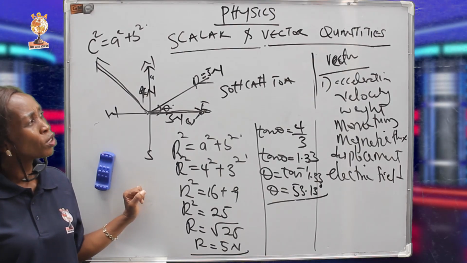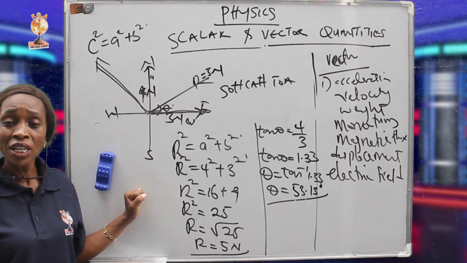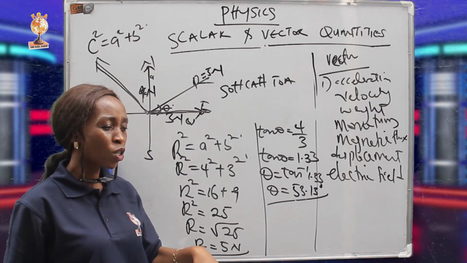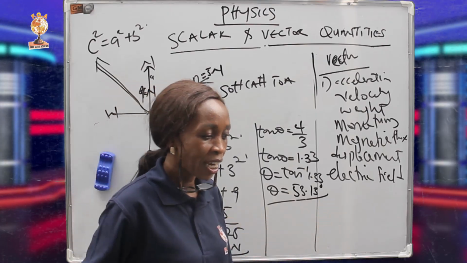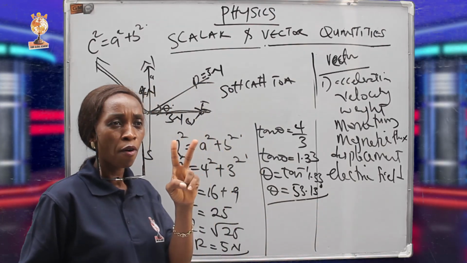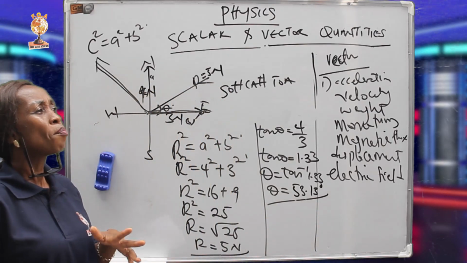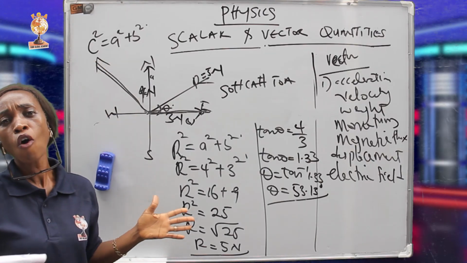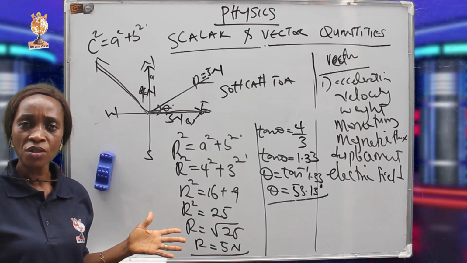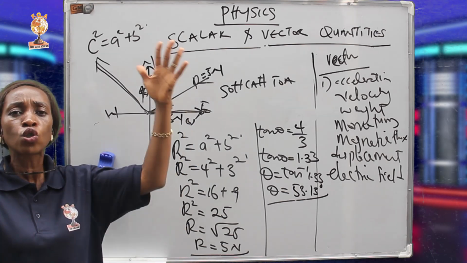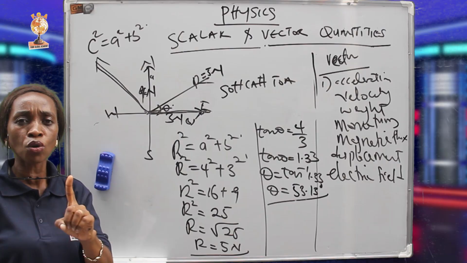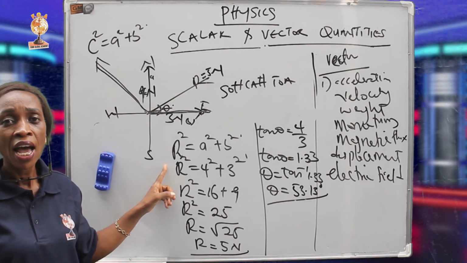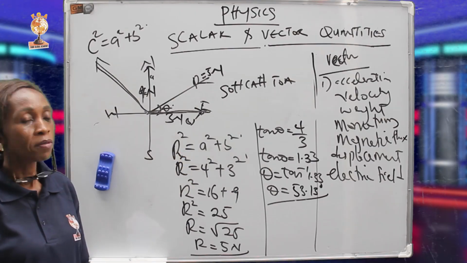But for this foundation, we won't go into that so deep until we get to resolution of vectors, when we have more than two vectors. Now we're dealing with vectors of two magnitudes. If you have more than one magnitude, say 3, 4, or 5 vectors, then all I need to do is resolve them into a single vector, into 2 vectors, and still go back to my Pythagoras' theorem and my tan rule.